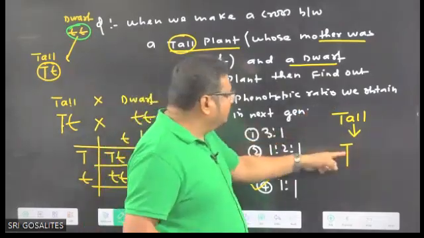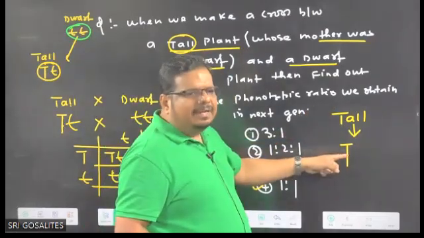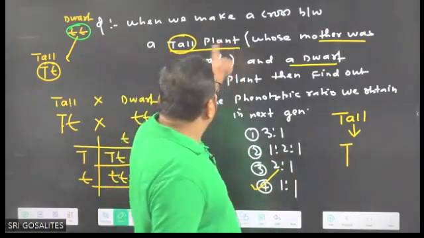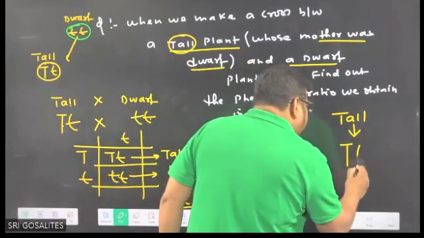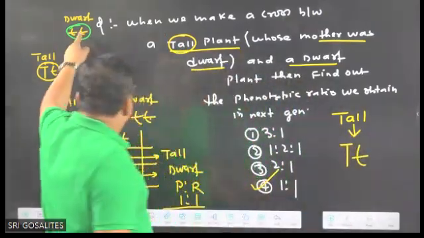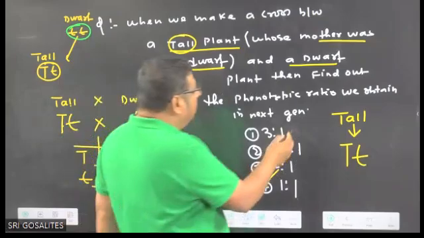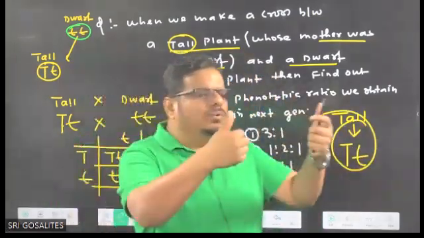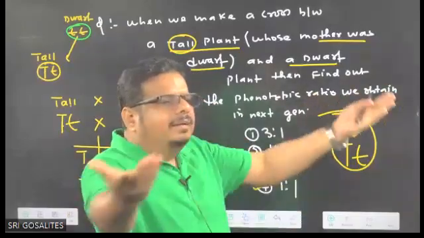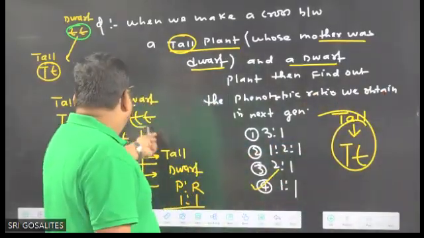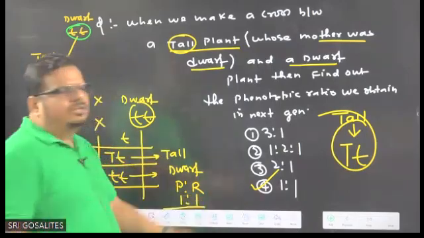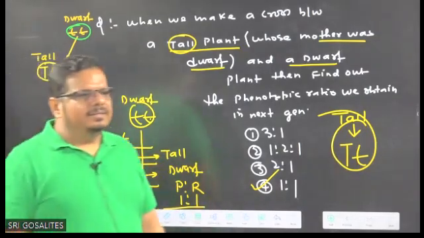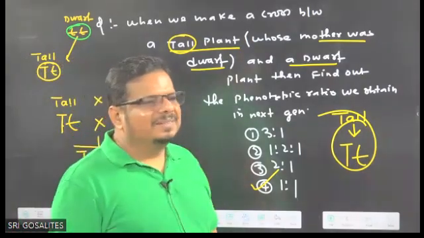But if it is capital T, it did not come from the mother, na? It obviously came from the father. Now mother is small t, small t. So the mother only contributes what? A small t, na? So this tall plant becomes heterozygous. This is the only clue to know. As you determined it, you can better know now it is dwarf. When we make a cross, this is the result that will come. Got the idea? Is it clear in the mind? Is it all right, dear children?